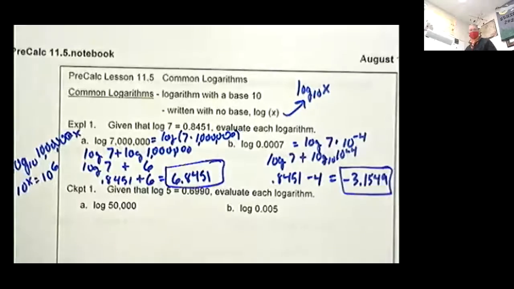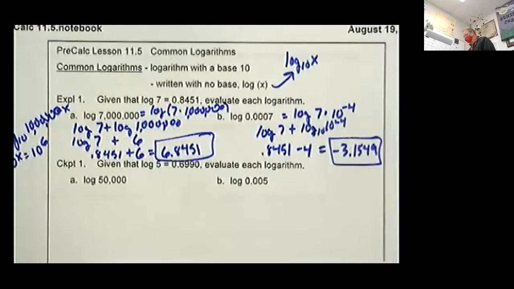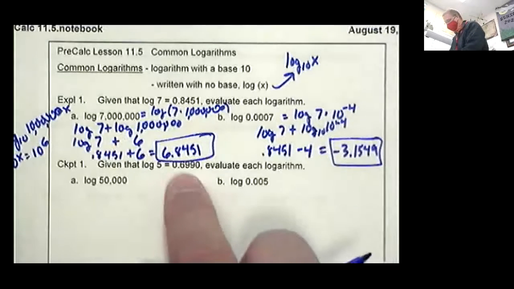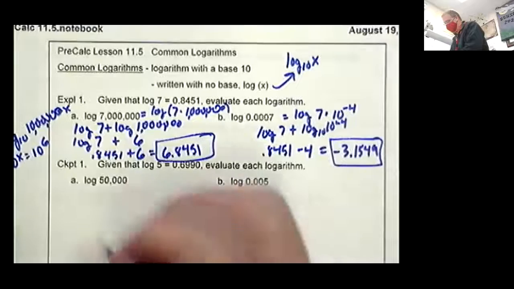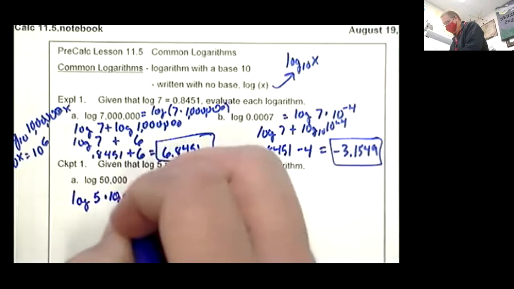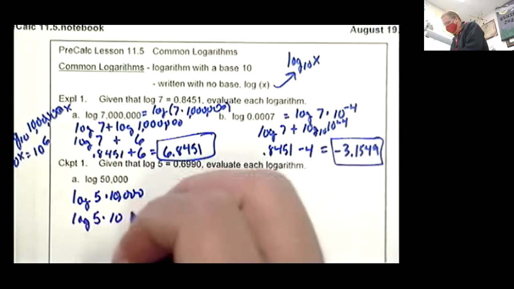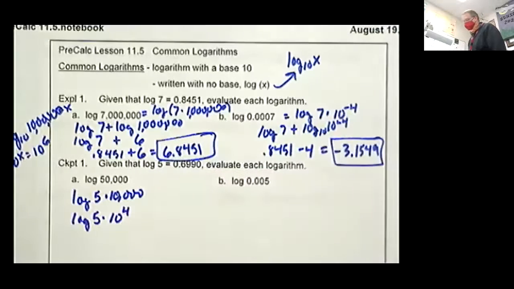Go ahead and pause the video and try checkpoint 1. So we have log of 5 equals 0.6990. We evaluate each logarithm. We're going to call this log of 5 times 10,000. Another way to think of this is log of 5 times 10 to the 4th power.